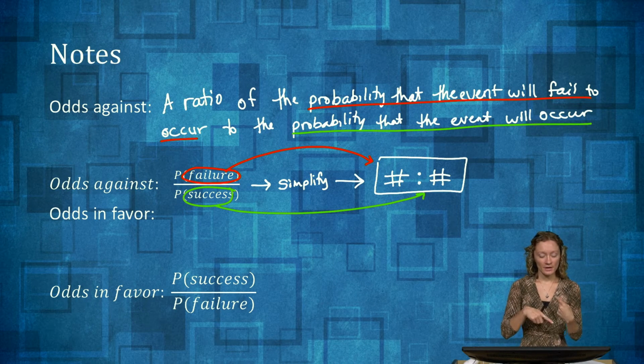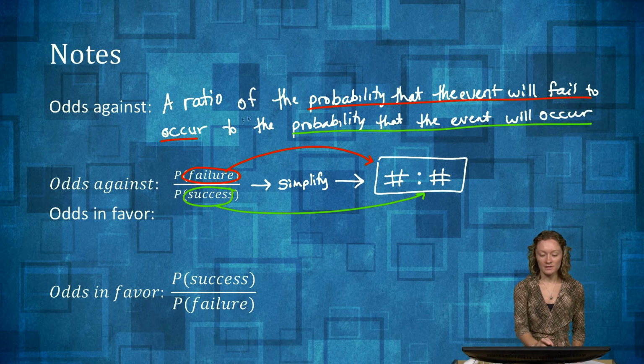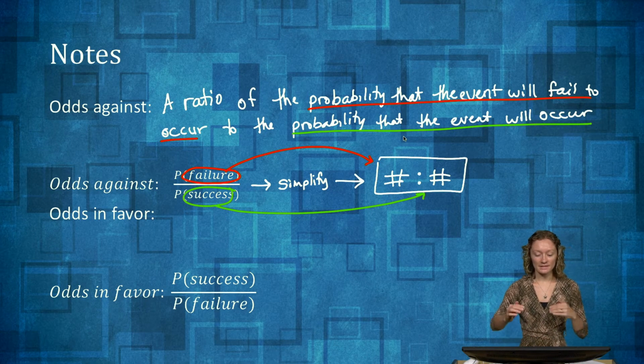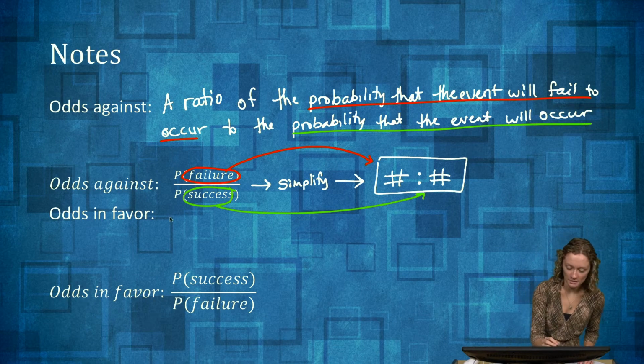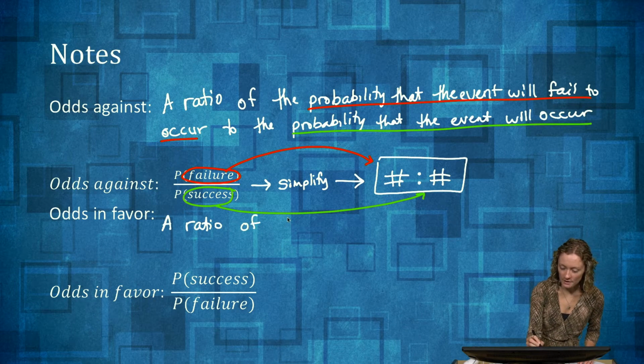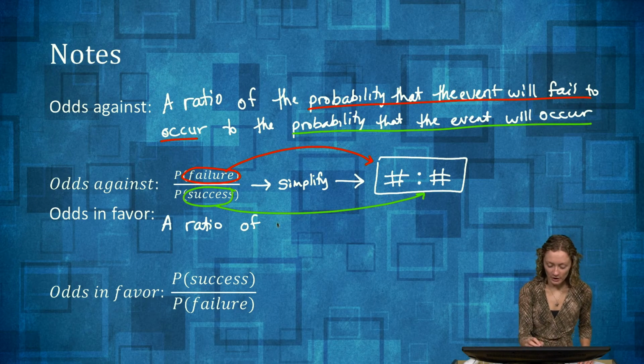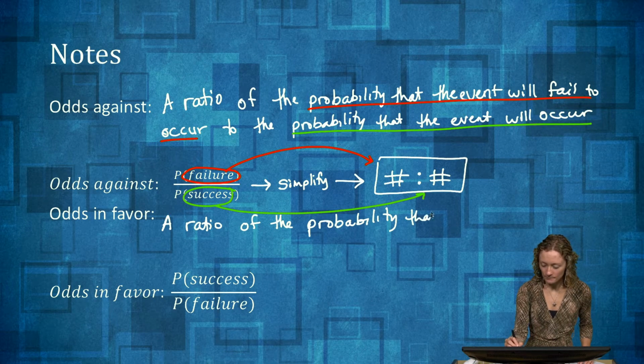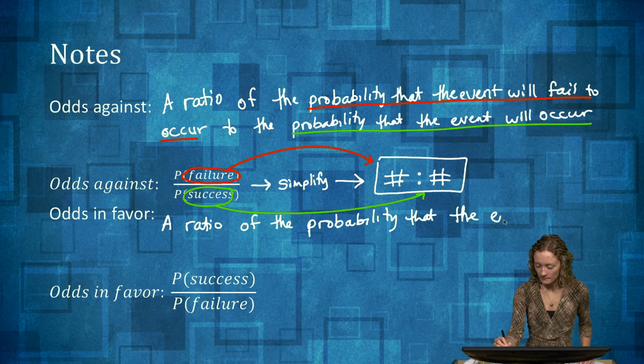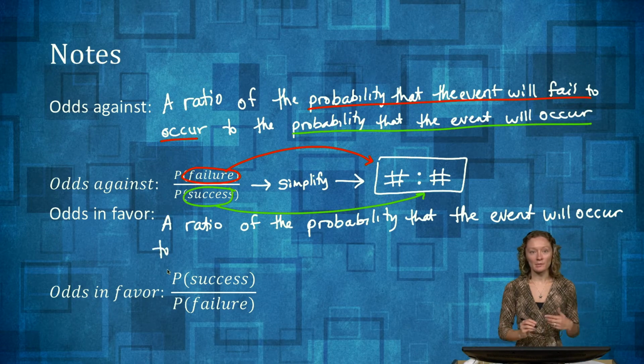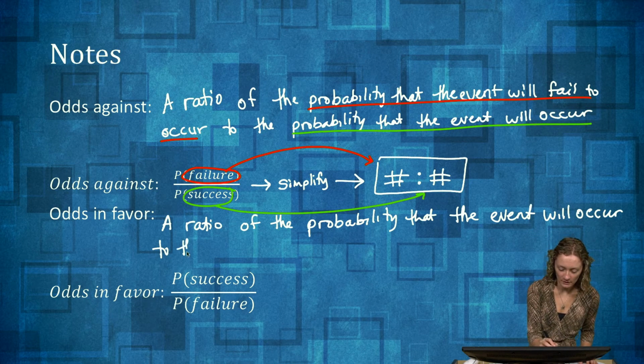Okay, odds in favor is the exact flip of it. So the definition looks identical, except the order of the two is reversed. So it is still a ratio of the probability that the event will occur to the probability that the event will fail to occur.